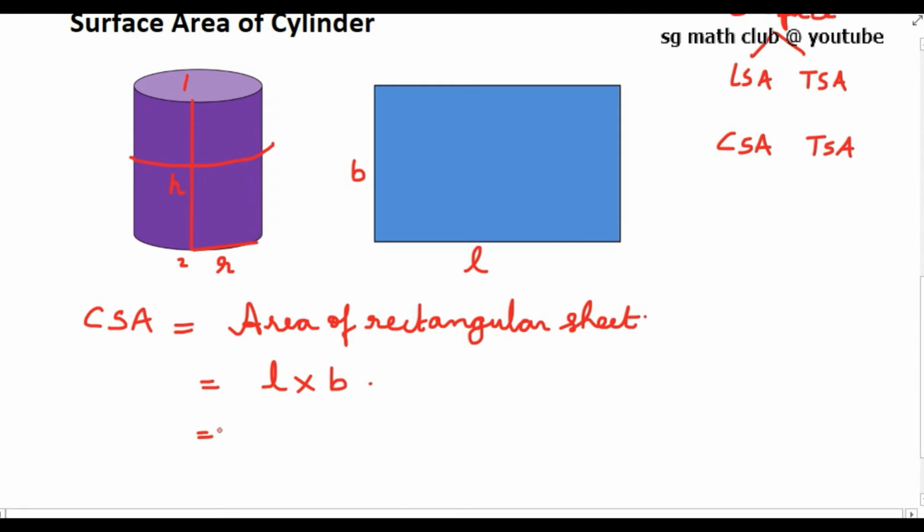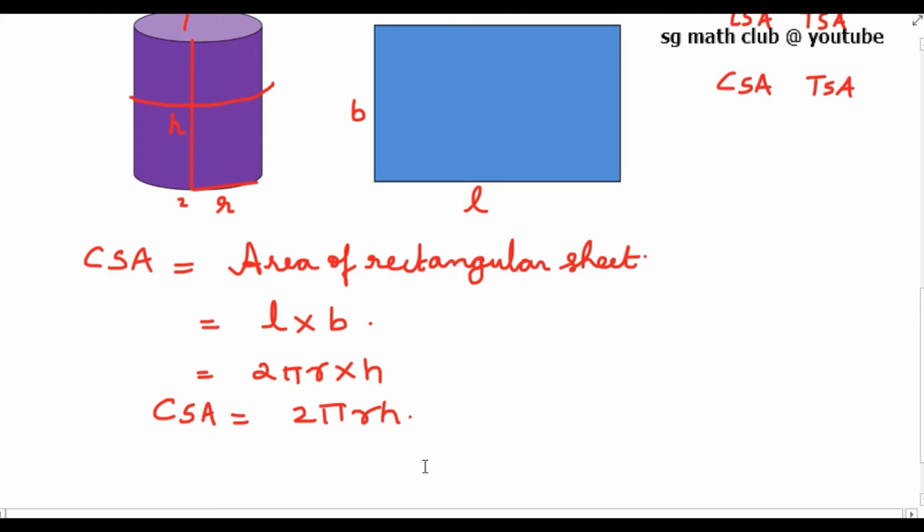Here the length of the sheet is equal to the circumference of the circular base, which is 2 pi r, and the breadth is equal to the height of the cylinder. So the curved surface area of the cylinder is 2 pi r h. This is the formula to find the curved surface area of the cylinder.